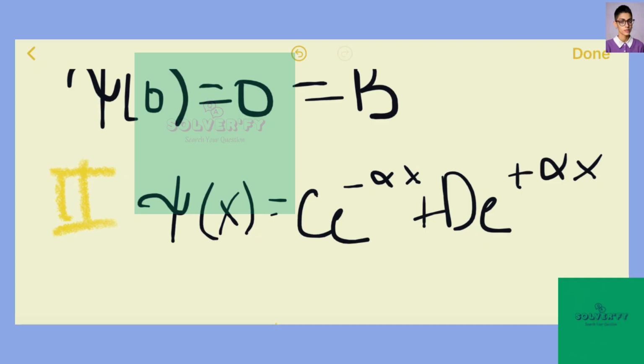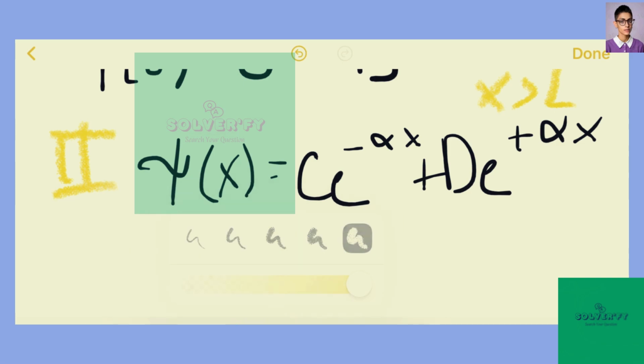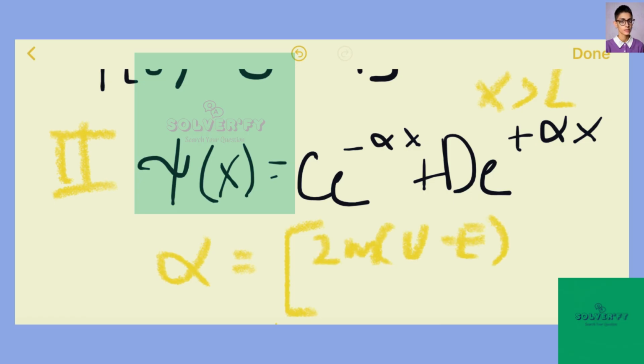And this is for x greater than L. Okay, and we know that alpha is equal to the square root of 2m(U minus E) over h bar squared.